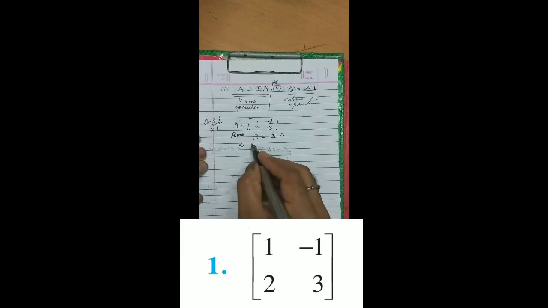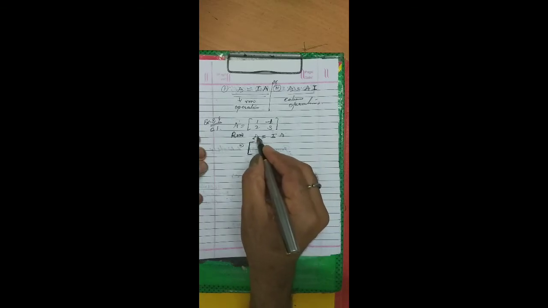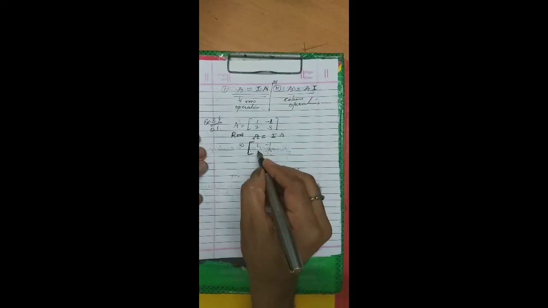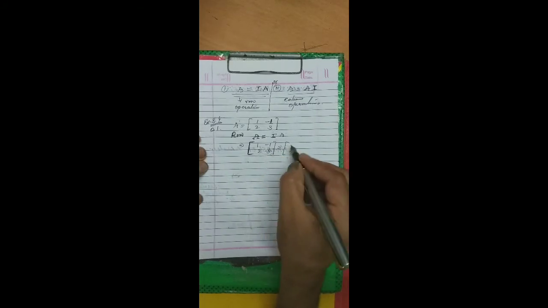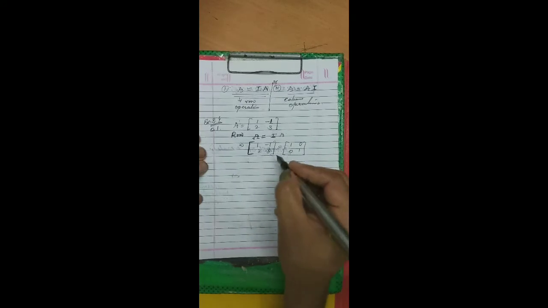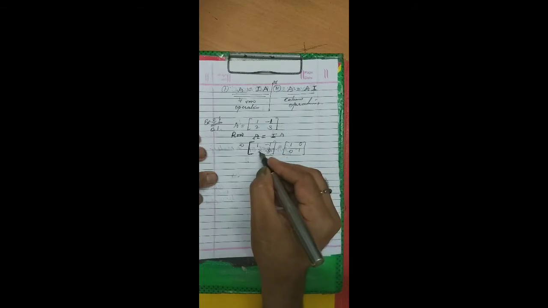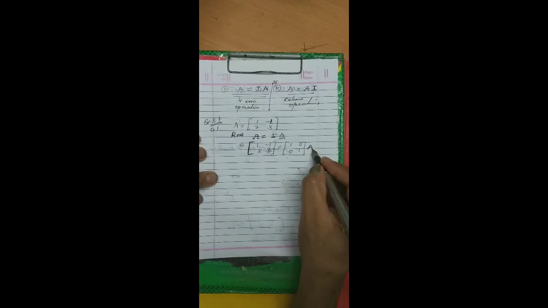Observe very seriously what is being done here, which you have to follow in all the remaining questions. So A means [1 -1; 2 3], and the identity matrix of 2 by 2, [1 0; 0 1]. The order will be the same as that of A, and then this letter A is written simply as A, not its value.